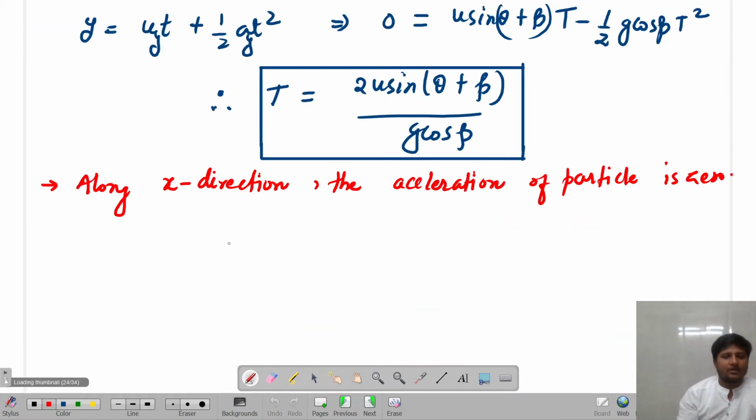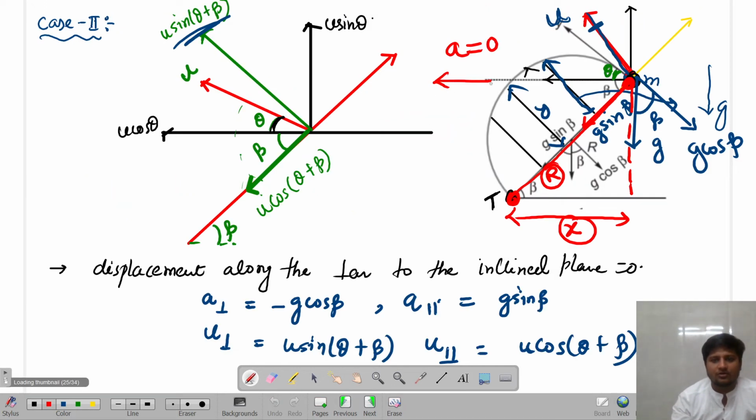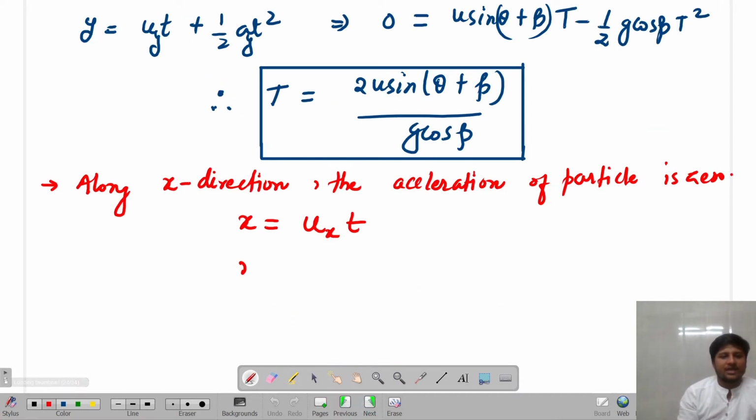So the displacement along the x direction is given by the simple formula u along x into time t. Now look over here, along the horizontal direction, what is your initial velocity? It is u cos theta, not u cos theta plus beta. So x is equal to u cos theta into time of flight t.